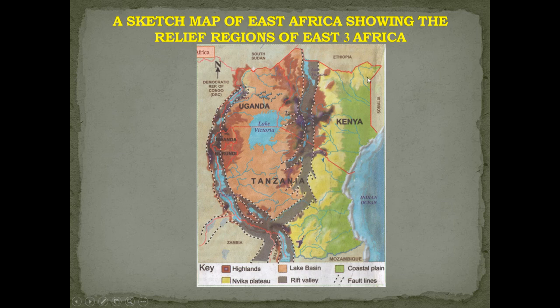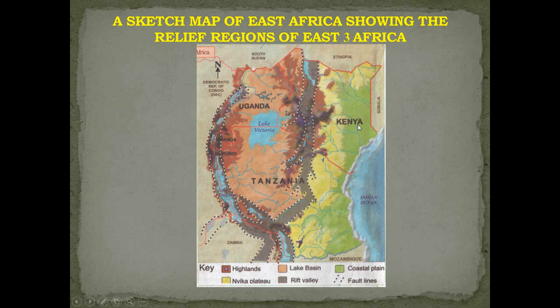So this is the first relief region, and we said it is characterized by so many river mouths. So we have Tana, we have Athi and Garana, we have Pangani, we have Rufiji, and then at the bottom here we have Ruvuma. We shall look at the names of these rivers when we come to rivers of East Africa.